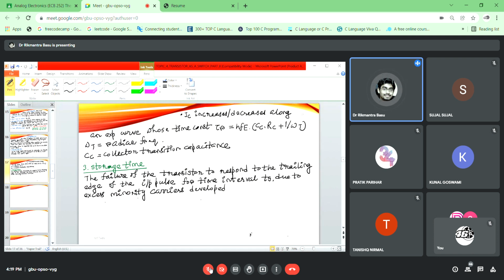So that more or less completes the design issues of a transistor as a switch.